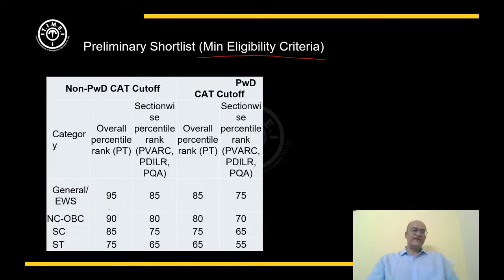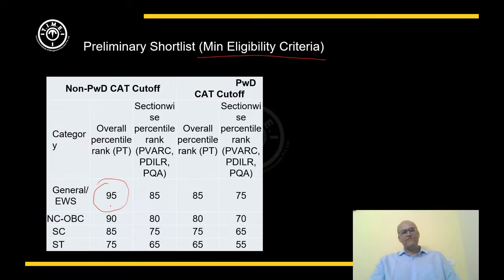So for general category and EWS, overall is 95. Let's say you have a fabulous profile, but you get 94.9. That means IIM Ahmedabad will not consider you for the shortlisting process, for the admission process. So 95 is absolutely the minimum percentile that general and EWS category people need to get. Earlier, just for your understanding, the number that they had decided was 80.